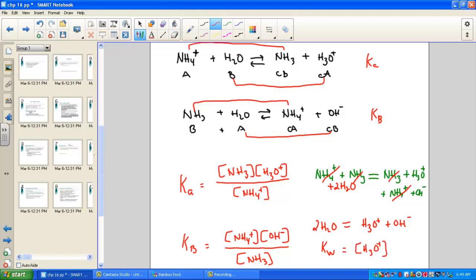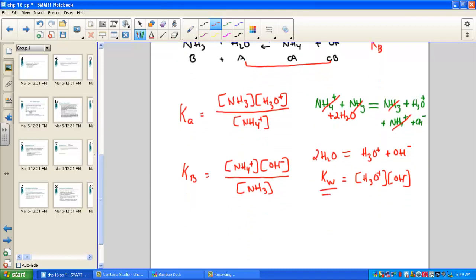Well, what have we just shown? We started with two conjugate pairs, ammonium and ammonia. We showed in the Bronsted-Lowry theory their dissociation, and how ammonium with its Ka and ammonia with its Kb, when added together, came right back and gave us Kw.